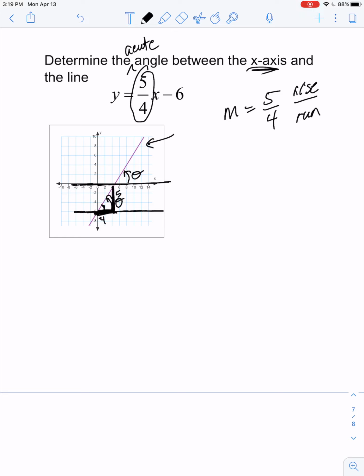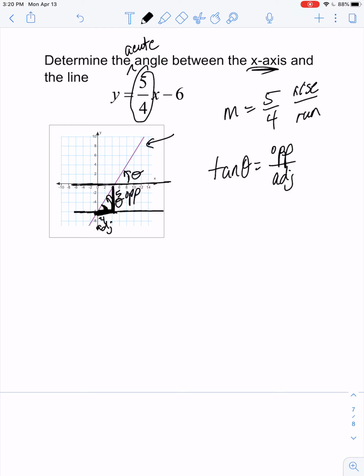I'm looking for this little angle right here, which is the same as those other angles. This is the opposite side to that angle, and this is the adjacent side, so we're going to use tan. Tan of theta equals opposite over adjacent.